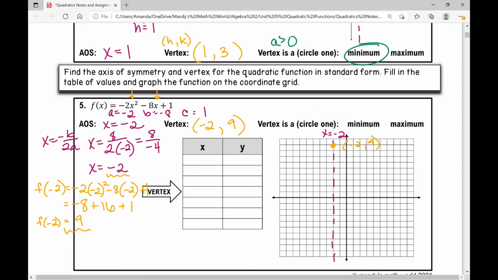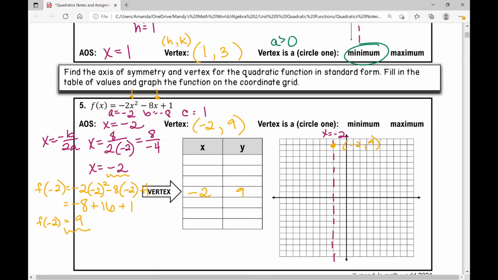Negative 2, 9. Now, in this example, I'm going to make a table of values, find other points, and plot them on this coordinate grid. I have a little arrow right here that tells you to put your vertex right here. If that's the highest or lowest point on the graph, I want to see what the graph is doing to the left and to the right of that vertex.